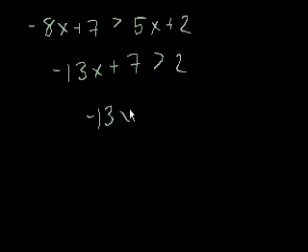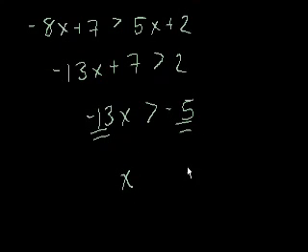Negative 13x is greater than minus 5. Now we're going to divide both sides of this equation by negative 13. Well, very easy. It's just x, and on this side, negative 5 divided by negative 13 is 5 over 13, right? The negatives cancel out. And since we divided by a negative, we switch the sign. x is less than 5 over 13.